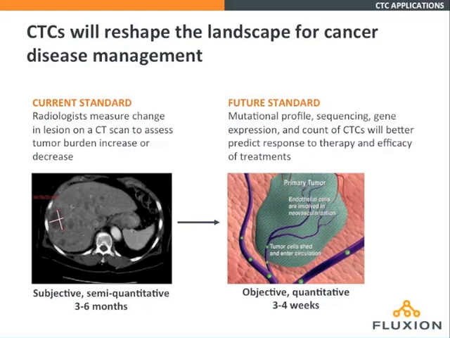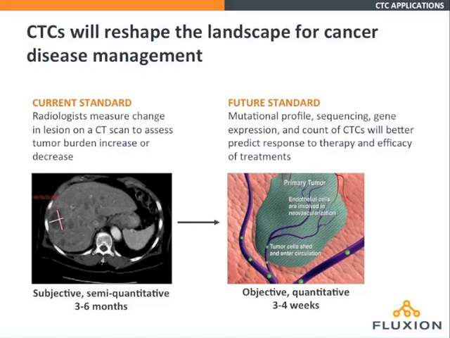Our hope is that CTCs will play an important role in reshaping the landscape for cancer disease management. And the current standard is that the spread of the tumor is being assessed both at the primary site and throughout the body in order to look at changes in the disease state.